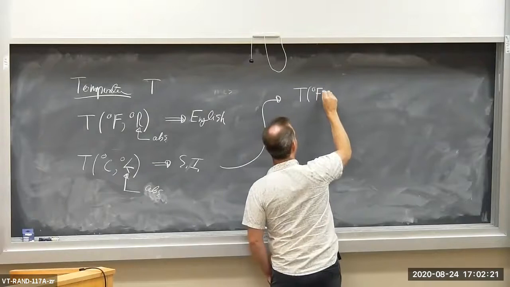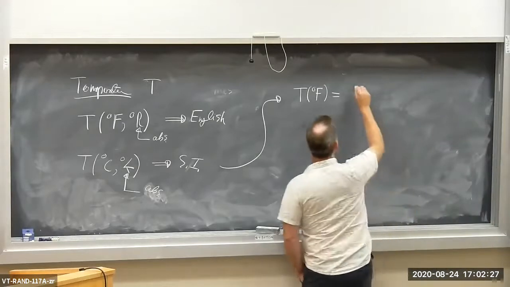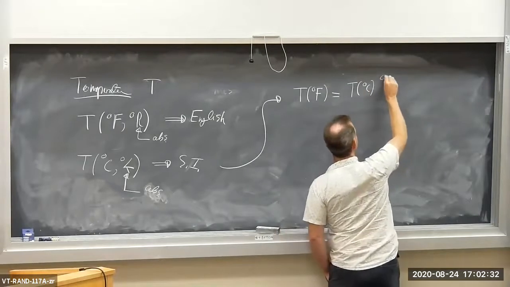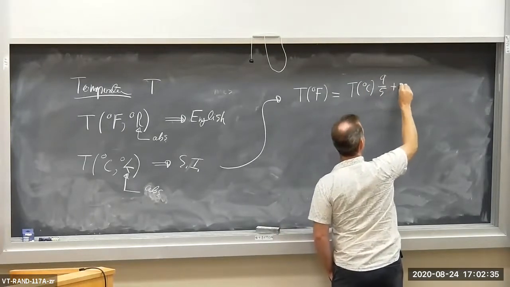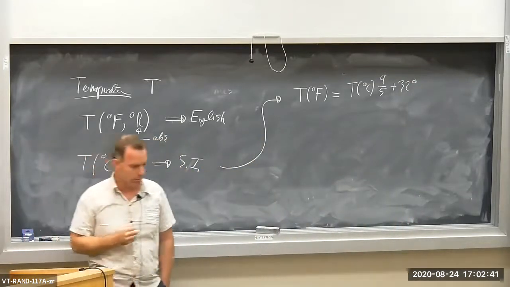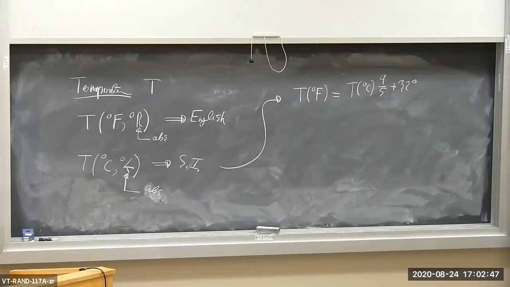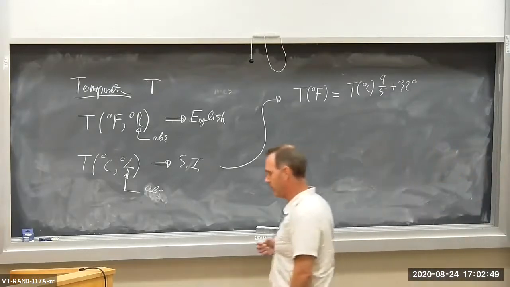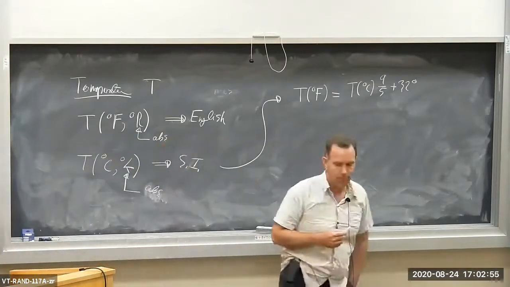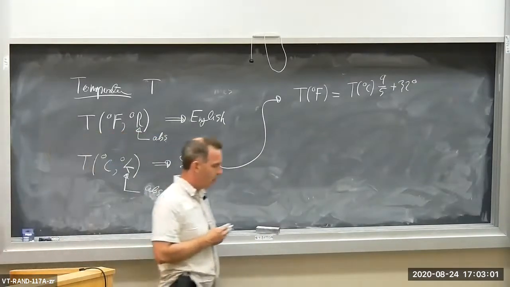Temperature in degrees Fahrenheit is equal to temperature in degrees C times 9/5 plus 32 degrees, okay? You take the temperature in centigrade or Celsius, you multiply it by 9/5, and you add 32 degrees to it, and you get temperature in Fahrenheit, okay? I'll leave it to you to rewrite the formula for converting from Fahrenheit into centigrade.